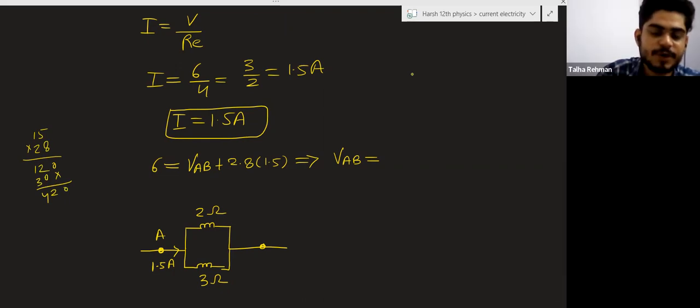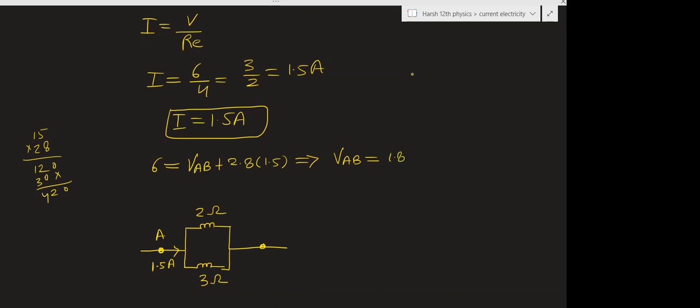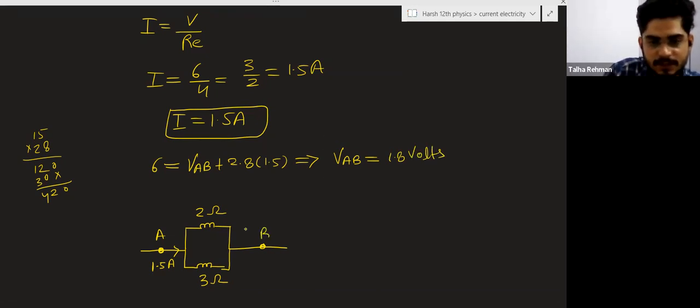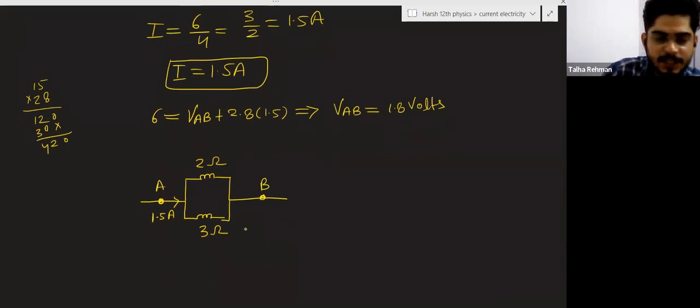This will become 4.2, and 6 minus 4.2 you will get 1.8. Very good, Arjun. So now you can see the voltage across AB is 1.8.